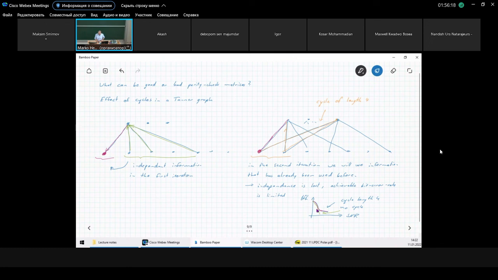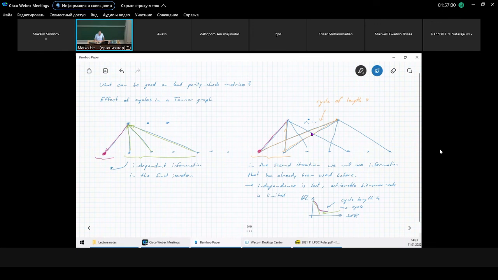Whereas in the case we have the cycle, due to this reuse of information, we will be limited in the achievable bit error rate. So this will turn towards a convergence towards a certain bit error rate where we just cannot get better, because we again and again reuse the bad information that we already have. So this is why the performance is limited if we have this kind of cycles.